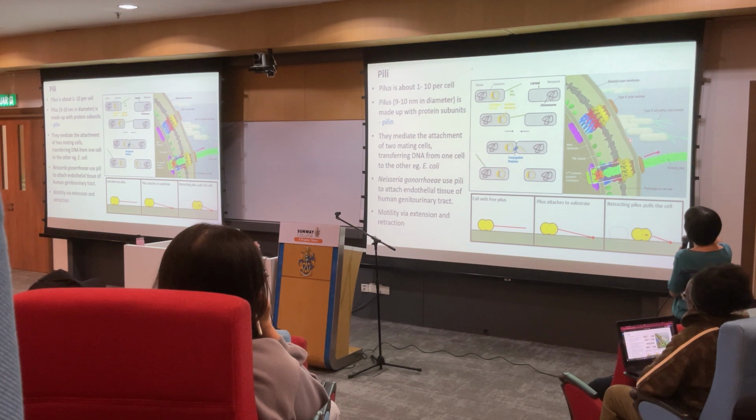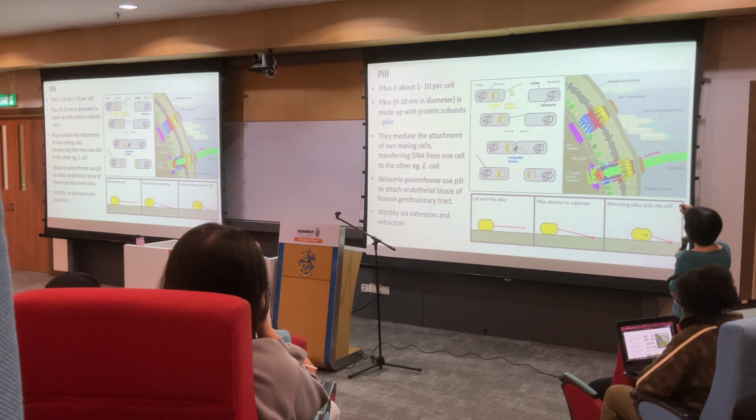This is the outer membrane, this is the inner membrane, this is the peptidoglycan of a gram-negative bacterium, and this here is the machine that produces the pili. This other one doesn't have a filament, but this one has a pilus that has already come out.